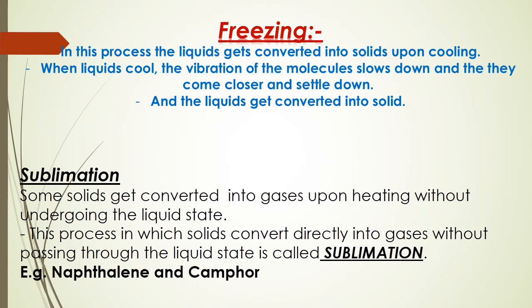known as sublimation. Example, naphthalene balls or camphor. Okay, you all have seen naphthalene balls or camphor balls at your home. Now when they are exposed in the atmosphere, when they are kept open, then after some time we see that their size starts reducing.